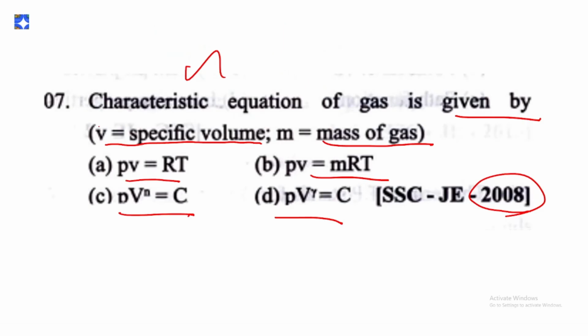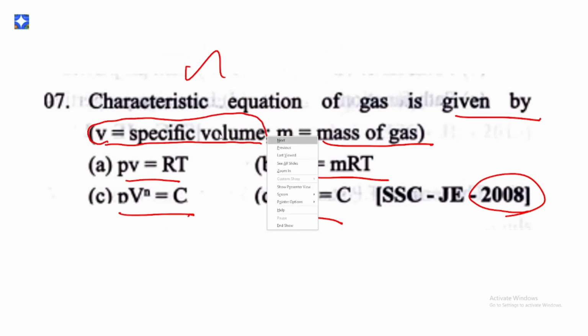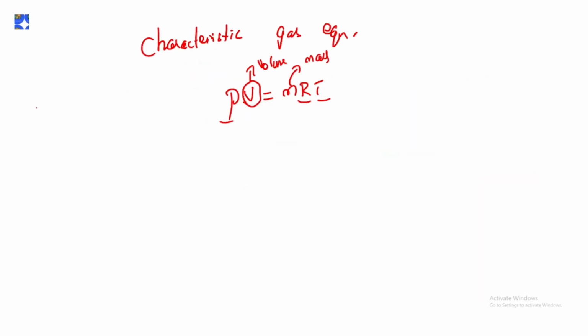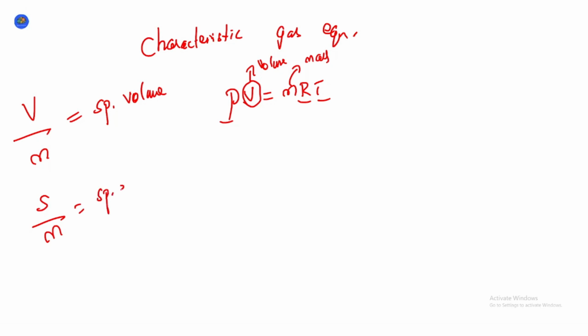Here they have clearly mentioned that the V given in the option is a specific volume. So what is meant by specific? Any property divided by mass gives the specific property. For example, volume by mass is specific volume. Similarly, entropy by mass is specific entropy.